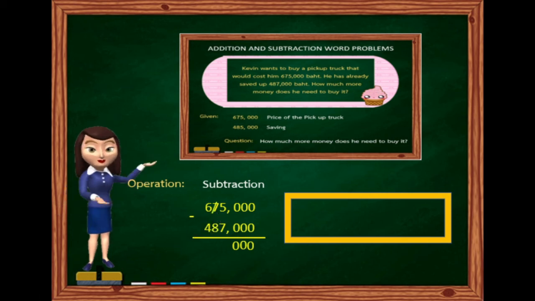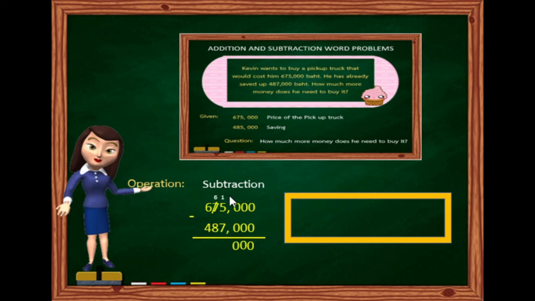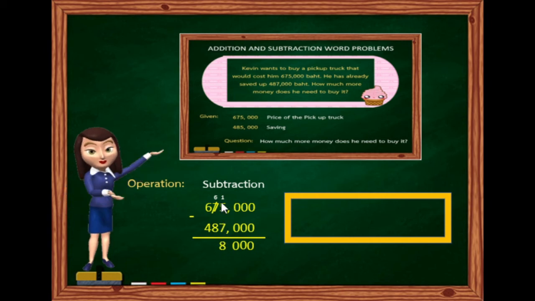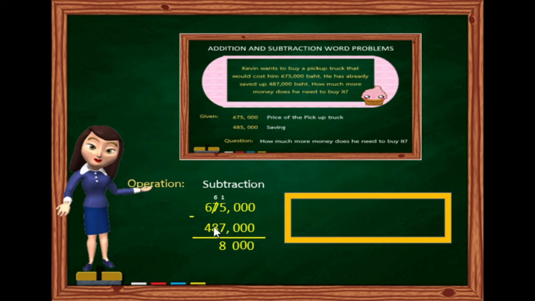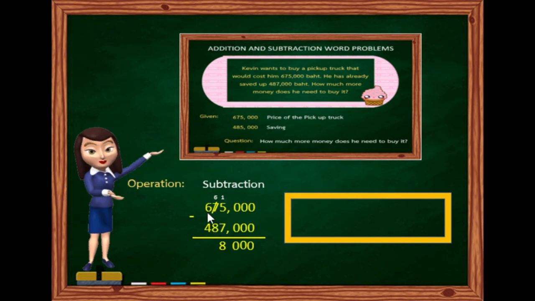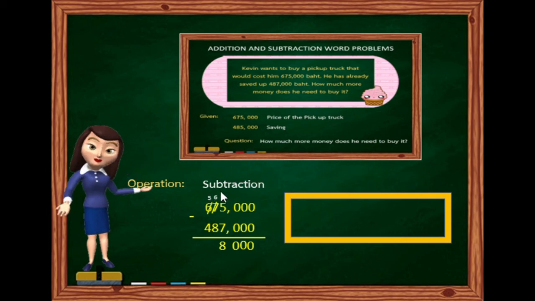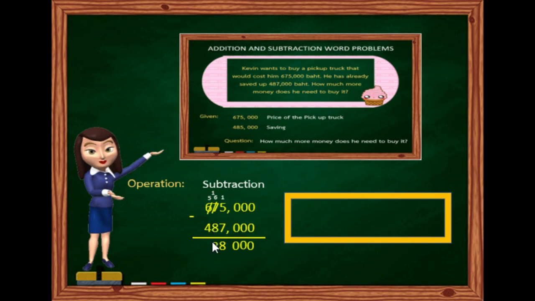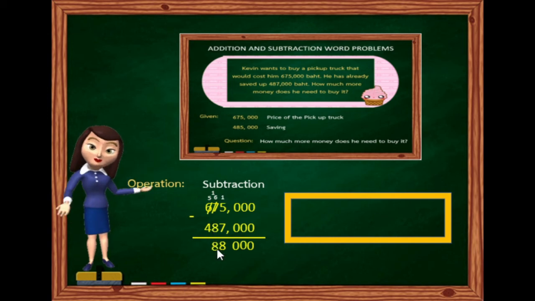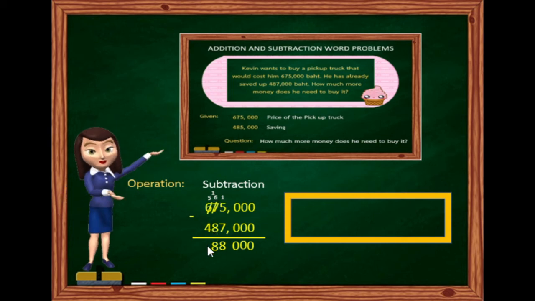So 7 this time becomes 6 and 5 becomes 15. Now we can subtract: 15 minus 7 equals 8. 6 minus 8 cannot be, so borrow from 6. 6 becomes 5 and the 6 here becomes 16. 16 minus 8, you have 8, and then 5 minus 4, you get 1.